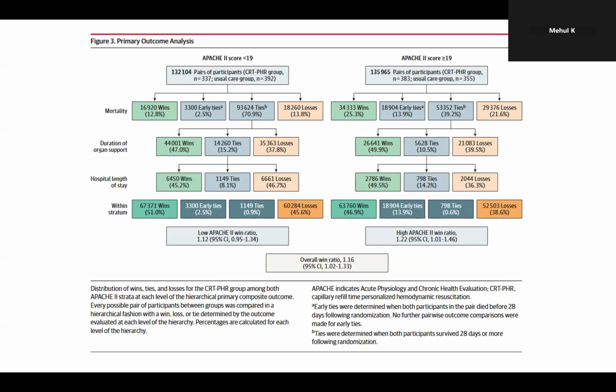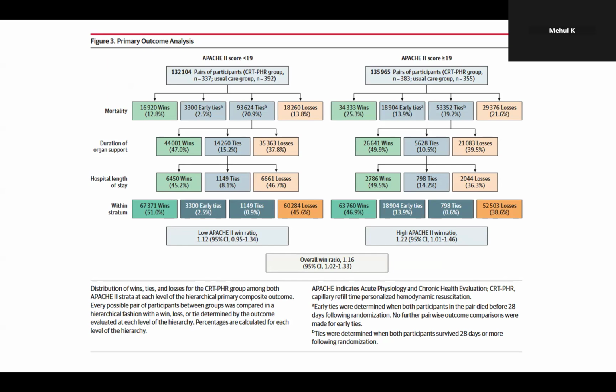Now, this is mitigated when you calculate something known as your win odds, wherein you assign a 0.5 value for each tie. Then you take wins plus 0.5 times ties by losses plus 0.5 times ties, and that becomes your formula. I'm not going into too much detail of that. Then you calculate something called your net benefit, from which you calculate your number needed to treat in a hierarchical composite analysis.